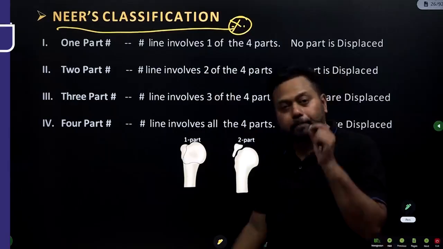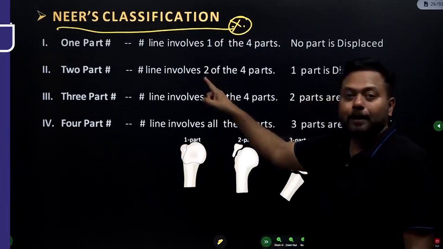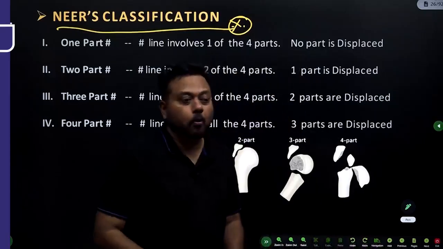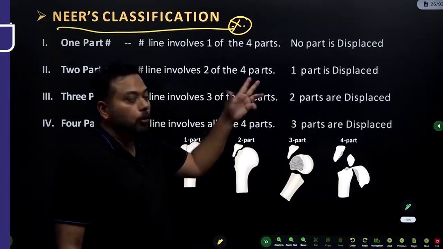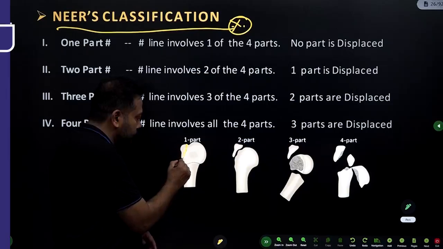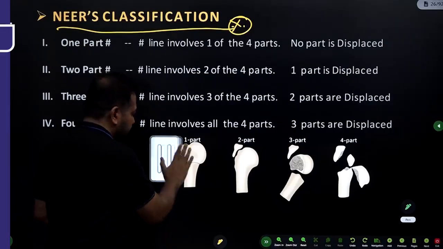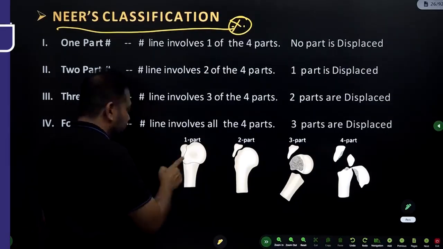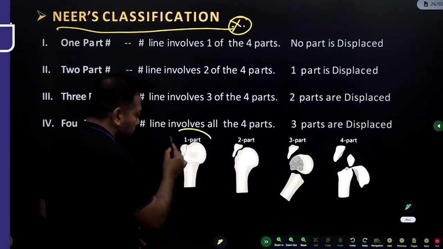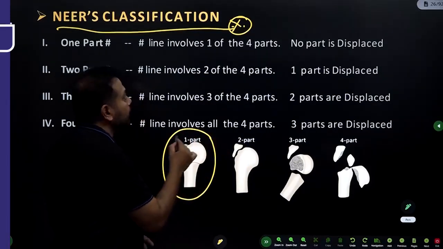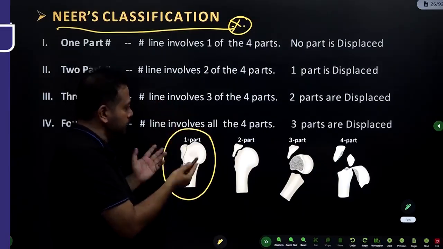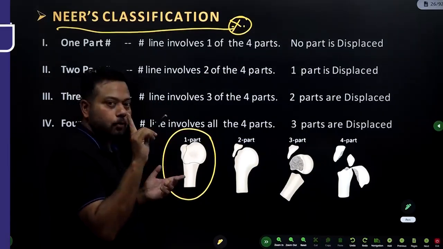One part fracture means the fracture line involves one of the 4 parts and no part is displaced. You see here, a fracture line goes here, but the displacement is less than 1 centimeter and angulation is less than 45 degrees. So this is called a 1 part fracture. This is called Neer's 1 part fracture.